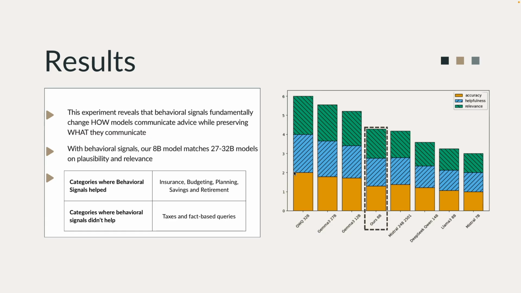Whereas the fact based domains like tax queries or general information related queries have seen little to no gain from the behavioral signals in the reasoning chain.